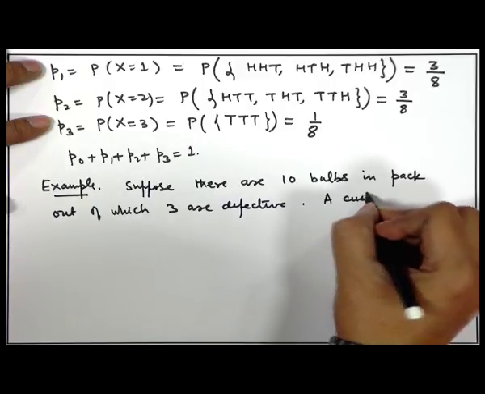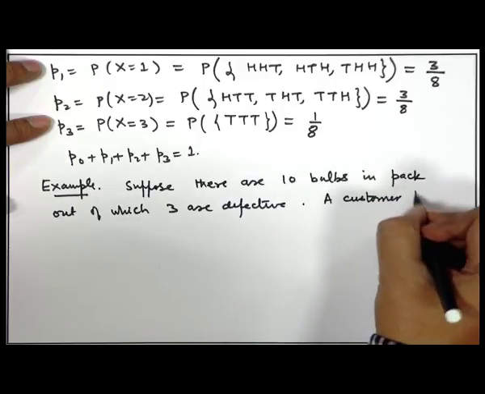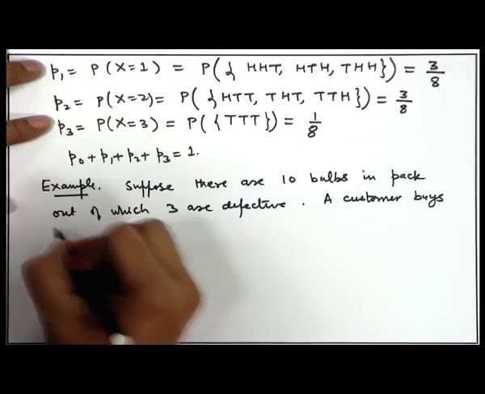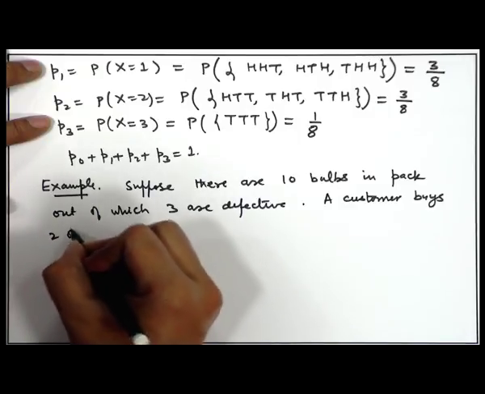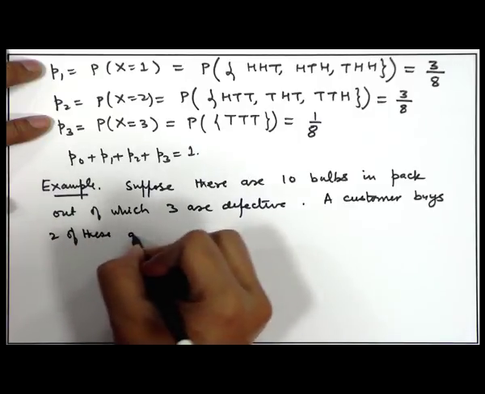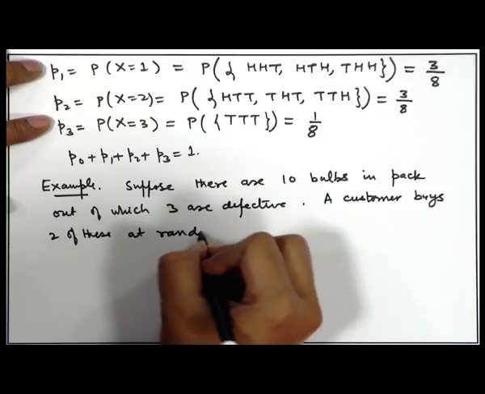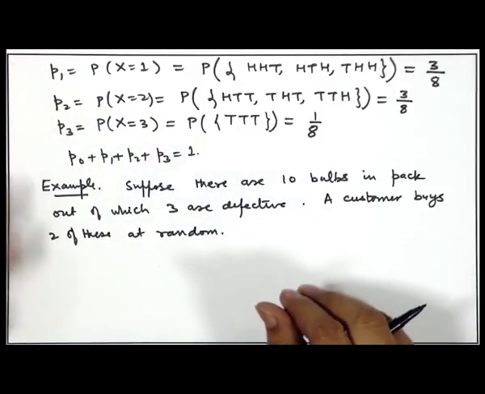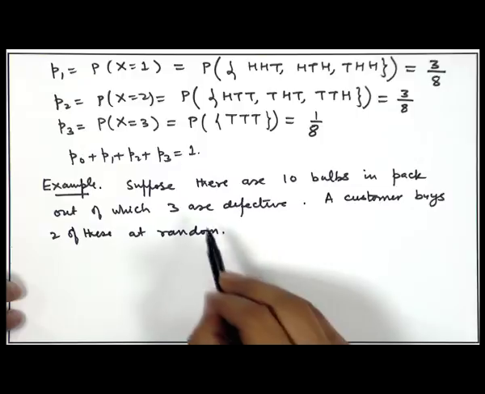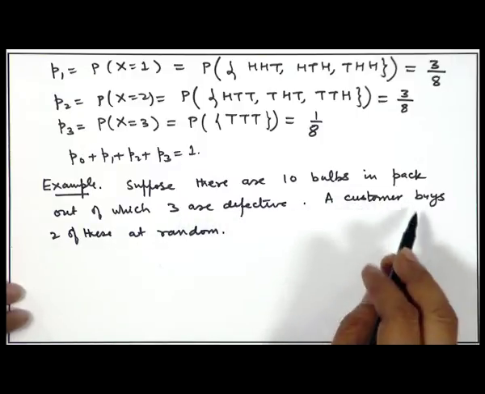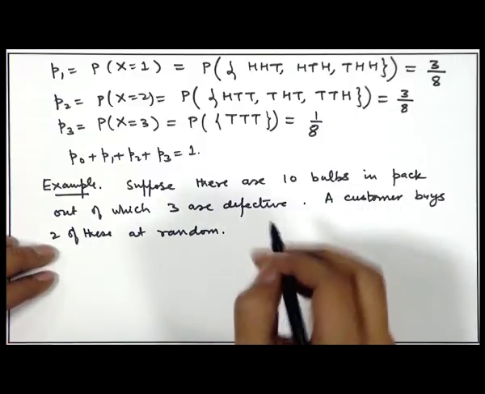A customer buys 2 of these at random. In a pack of bulbs there are 10 bulbs, out of which 3 are defective, and a customer buys 2 of these at random.